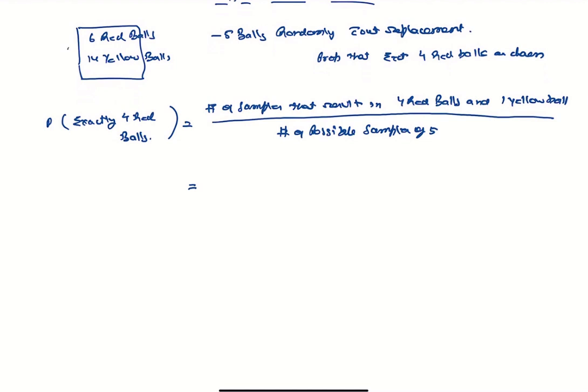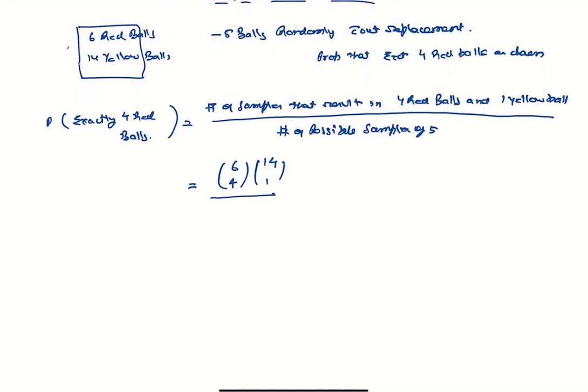By combinatorial analysis, this is going to be 6 choose 4 and 14 choose 1. These are the possible combinations that can result in 4 red balls and 1 yellow ball, and 20 choose 5 is the total possible samples.